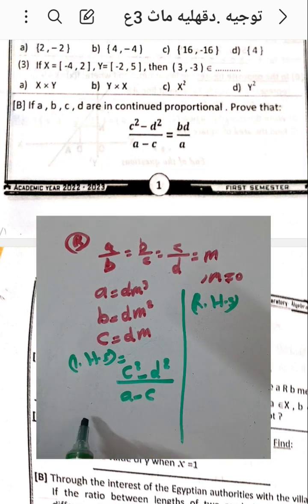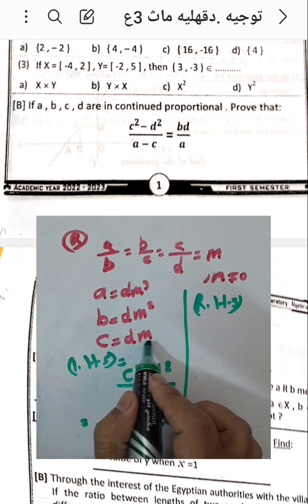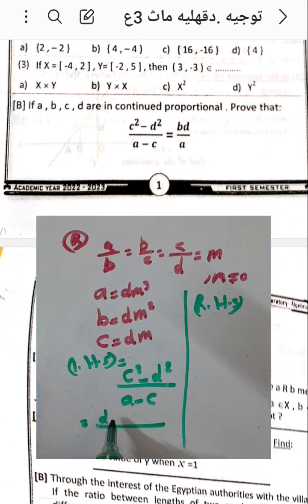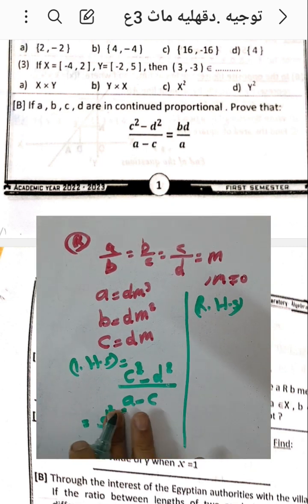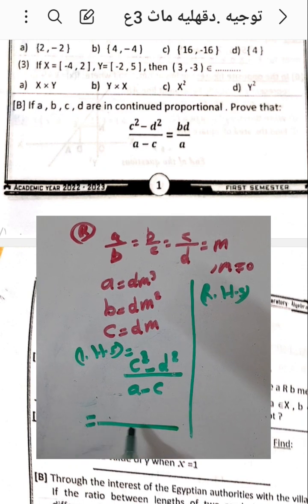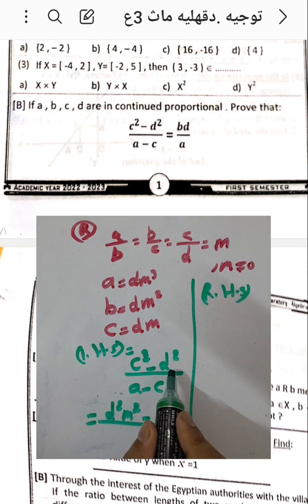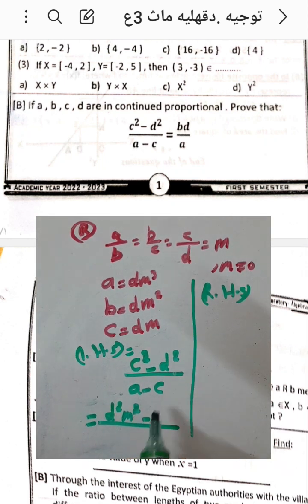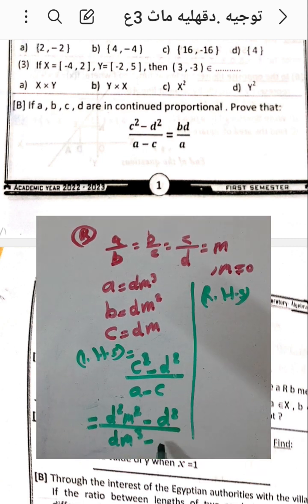Put in this fraction c power 2 subtract d power 2, c equal d times m. Then we can write d m power 2 because we have power 2 about c. We clear the steps here to understand. The result will be d power 2 m power 2 subtract d power 2 over a minus c, a equal d m power 3 subtract c.